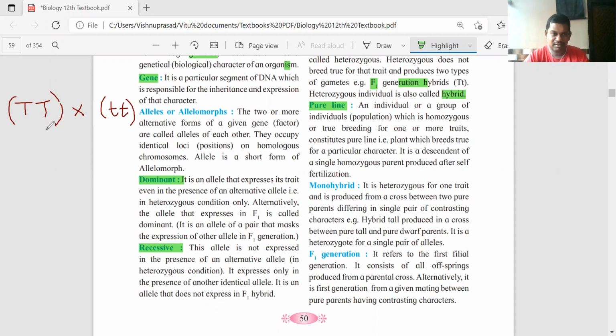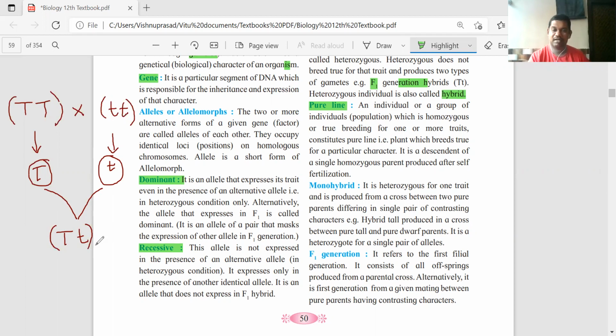This parent will produce one type of gamete, all of them capital T. This parent will again produce only one type of gamete, all of them small t. It can be thousands of gametes, but they are of one type. When these two gametes fuse, the F1 generation will turn out to be heterozygous.